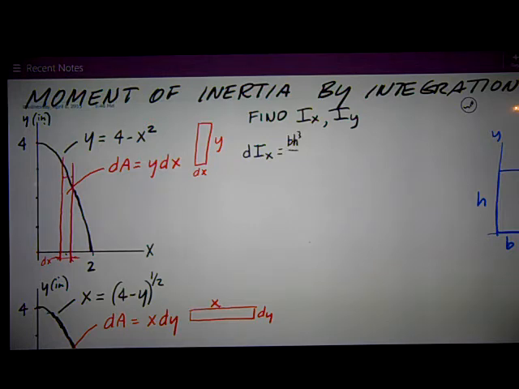In this case, for this differential element dA, the base is dx, h is the y value along the curve, and then divide by 3. So another way it's sometimes written is 1/3 y cubed dx.